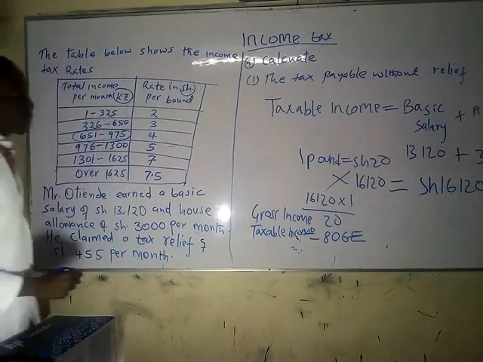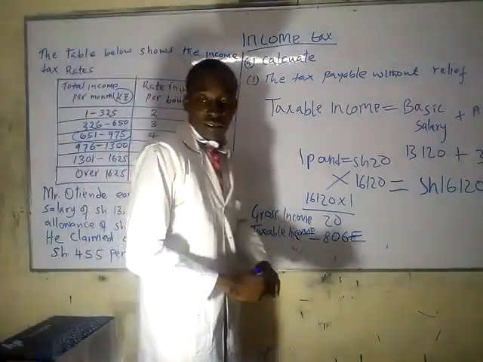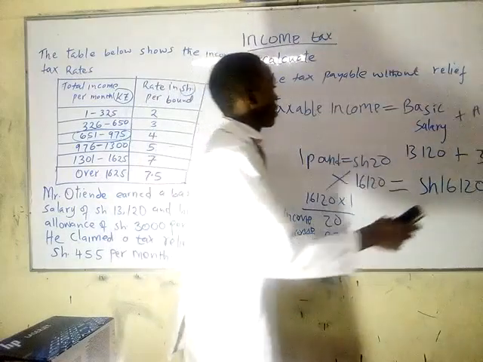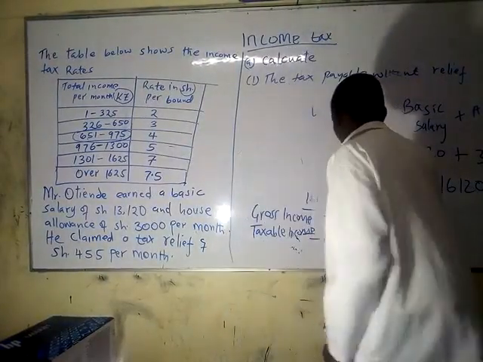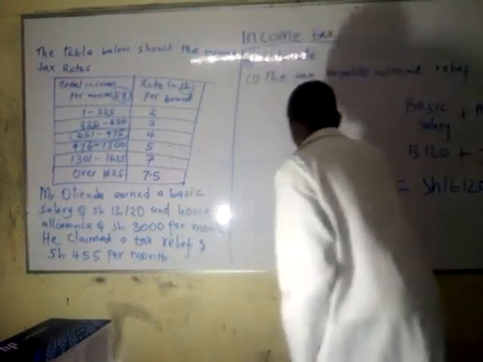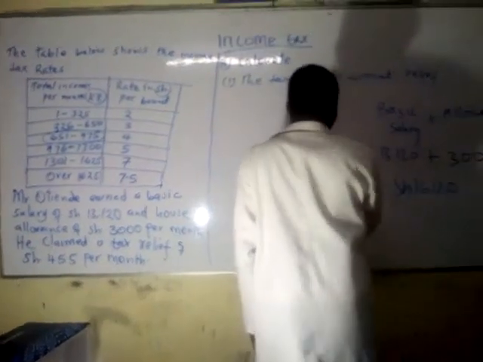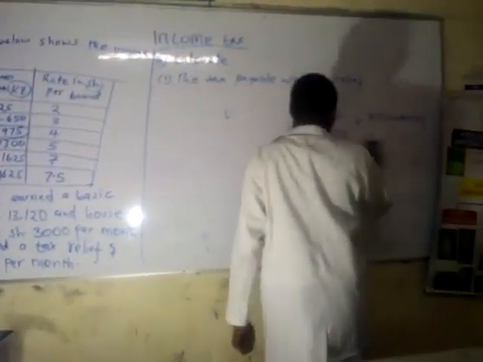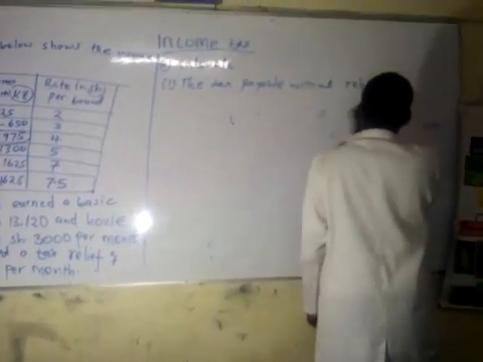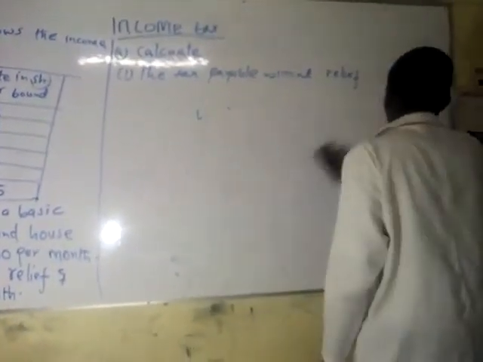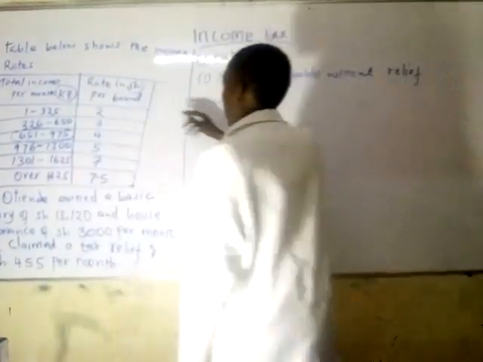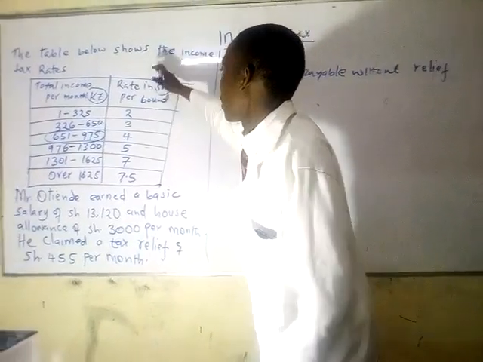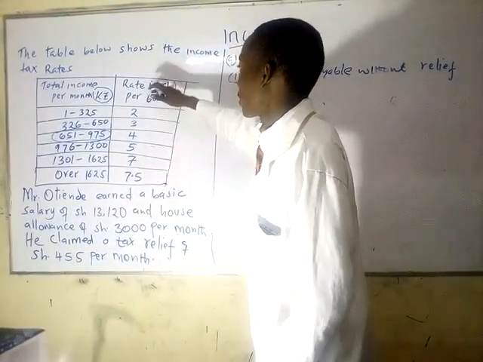Then you come and say, in our first band, the rate is in shillings per pound. In the second band, the rate is also in shillings per pound.